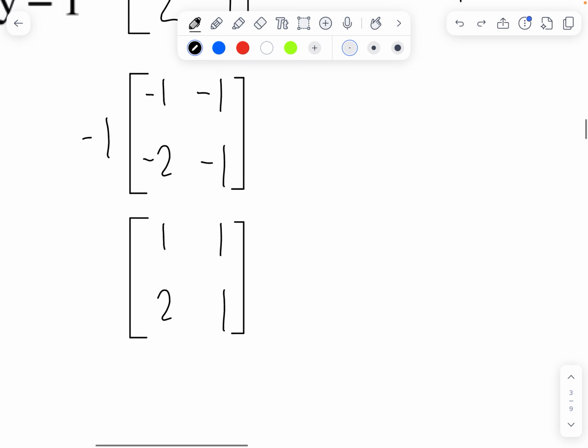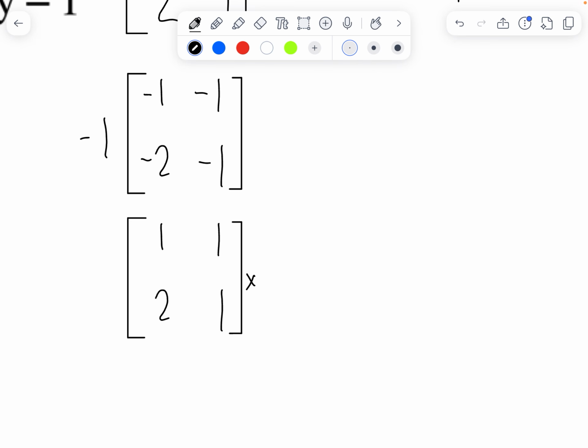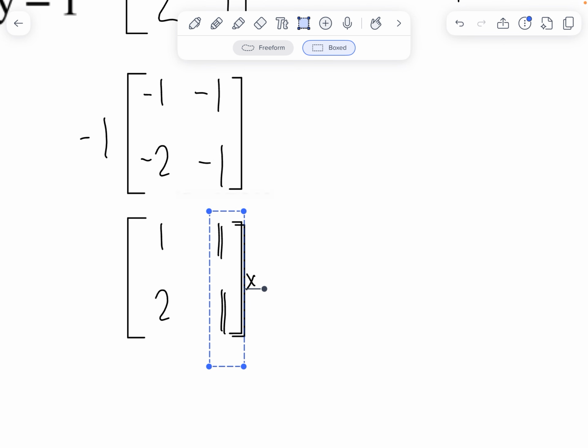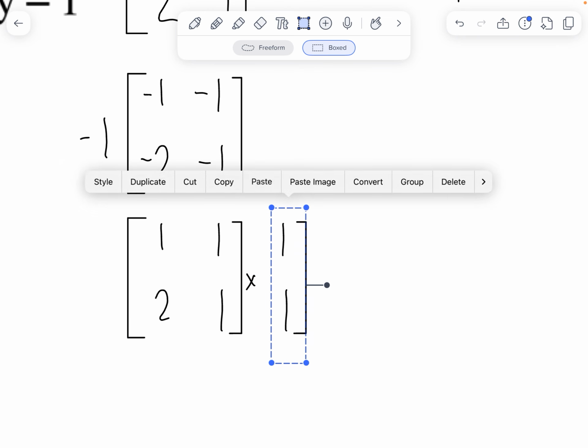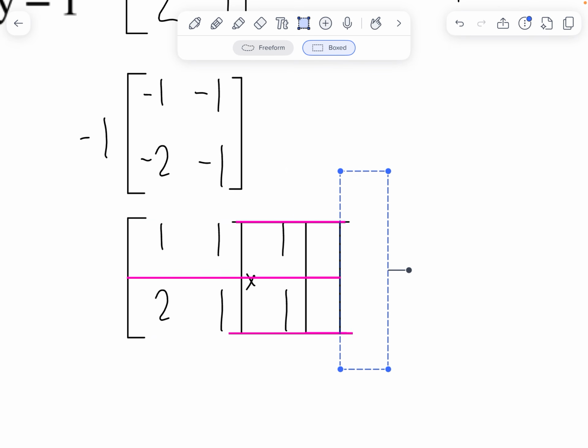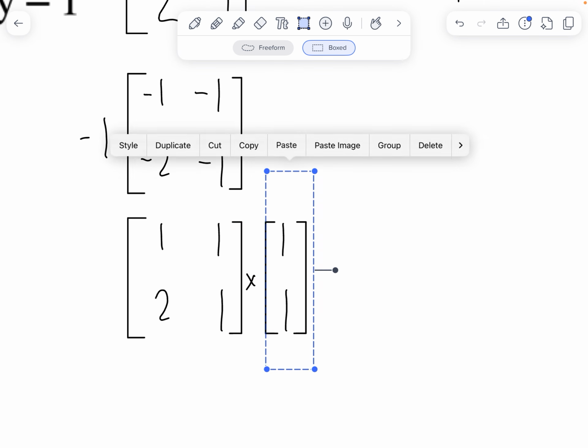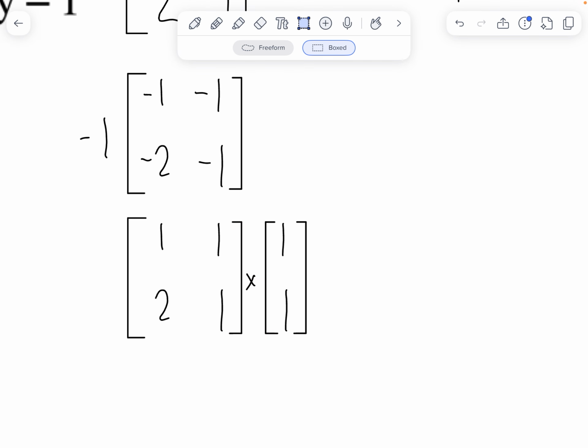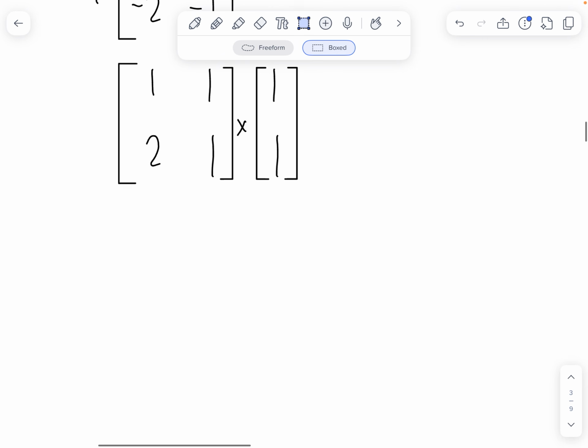Okay, now we have to multiply this matrix by these numbers. If you don't know how to multiply matrices, it's really easy, but first you have to find out if you can multiply them.